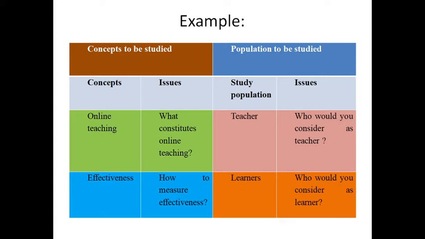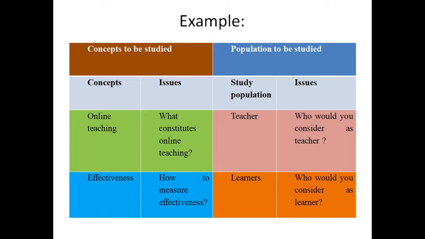In this example, the concepts to be studied are online teaching and effectiveness. So, what is the concept of online teaching? What constitutes online teaching? Then, regarding effectiveness, how to measure the effectiveness of online teaching?